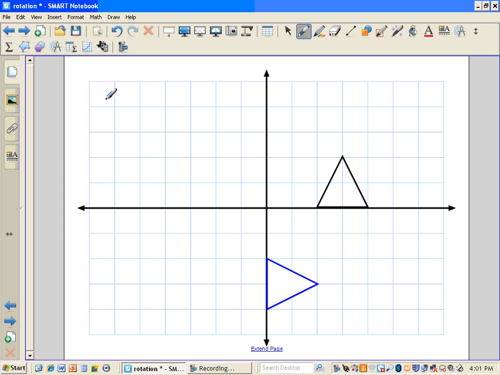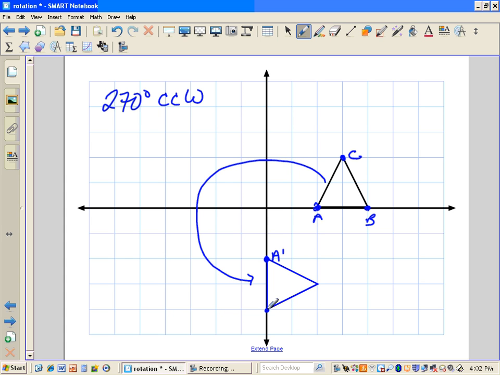All right, one more example, a 270-degree counterclockwise rotation. We've come all the way over to here. So again, A, B, and C. Rotate this around. This is A prime, B prime, C prime. A has gone from (2, 0) to (0, -2). B has gone from (4, 0) to (0, -4).